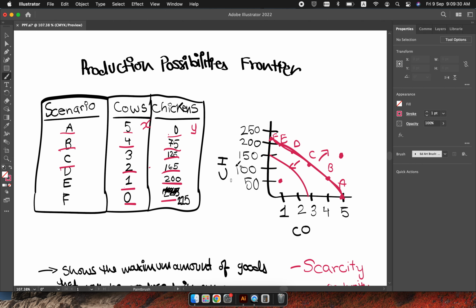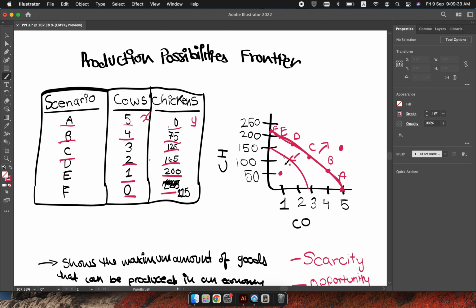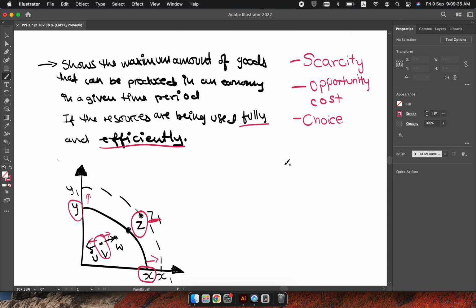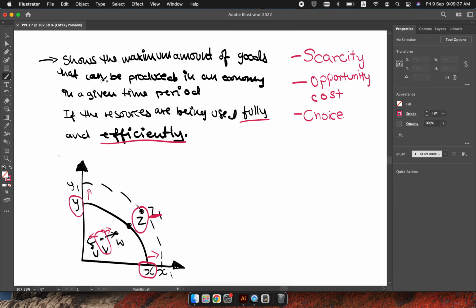So let us have a quick recap. A production possibility curve shows the maximum amount of goods that can be produced in an economy in a given time period, if the resources are being used fully and efficiently. A production possibility curve, like the one drawn below, illustrates concepts of scarcity, opportunity cost, and choice.